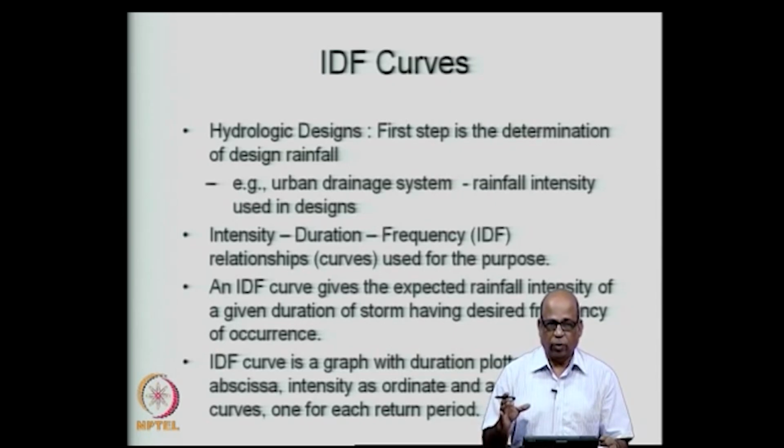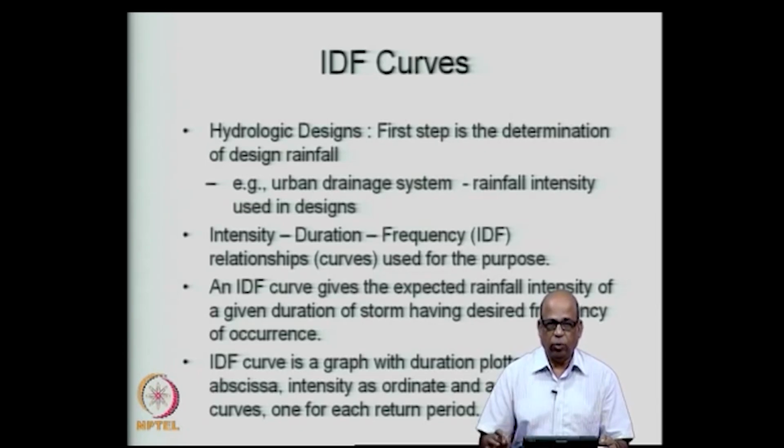Let us say you are talking about design intensity corresponding to a half an hour duration of rainfall, a 1 hour duration of rainfall, a 24-hour duration of rainfall and so on. The design duration itself will depend on several other aspects of the catchment, for example, how fast the flow can take place in that particular catchment, which is related to what is called the time of concentration and so on.